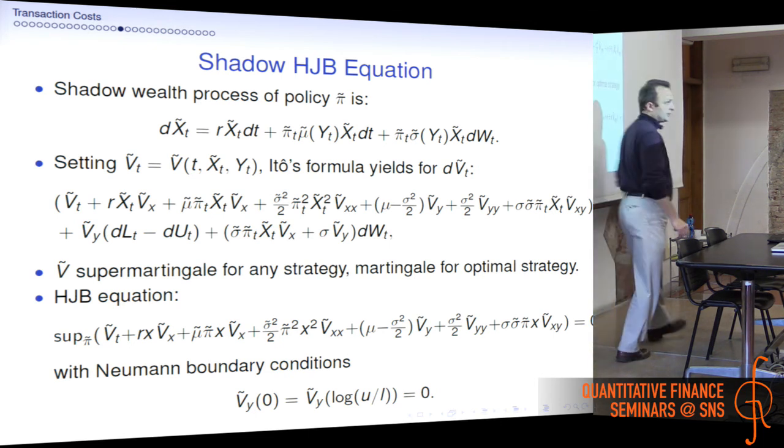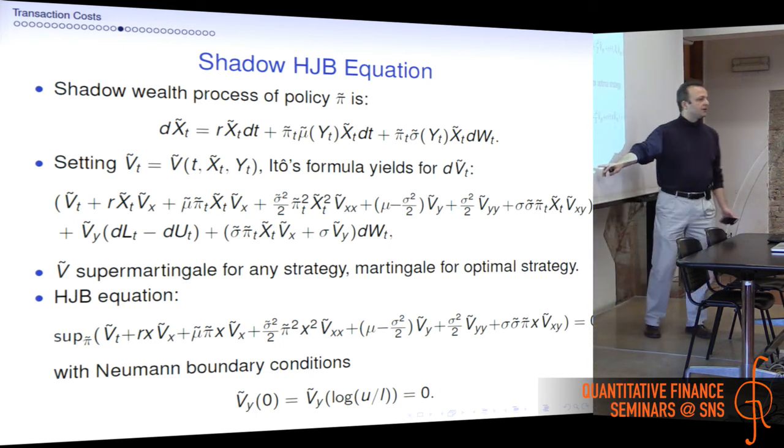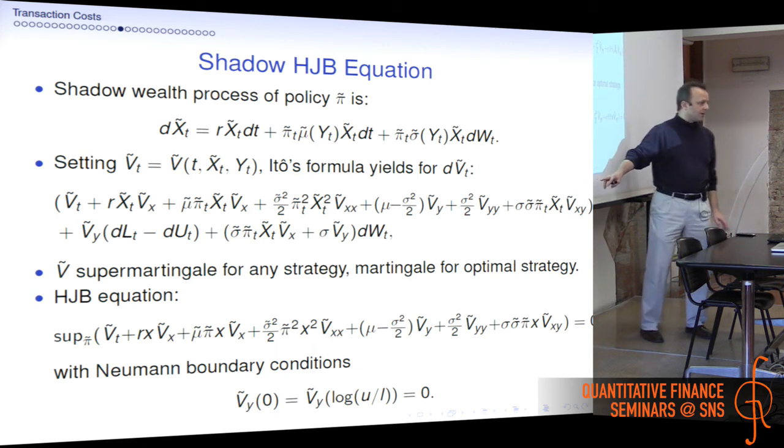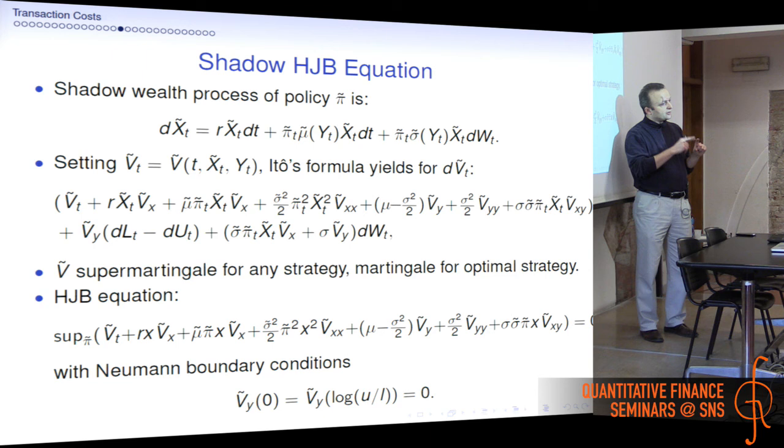And what are the boundary conditions we get for the state variable? Well, here we have to worry about the state variable because the state variable is not as it was in the previous discussion. Now here it is a reflected diffusion. It is a Brownian motion that lives in an interval and that is bouncing off its boundaries. So we need to write the boundary conditions.